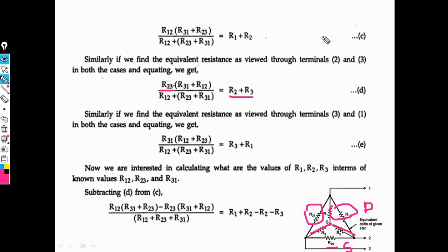Here we obtain two parameters, the series parameter and the parallel parameter.